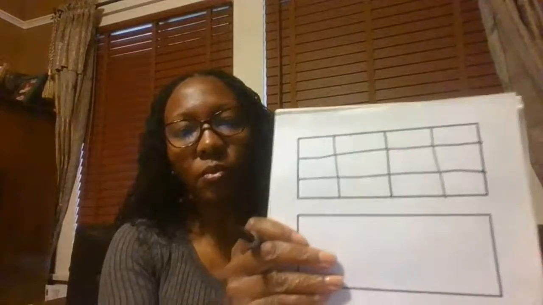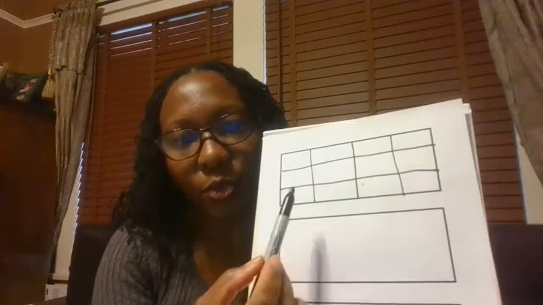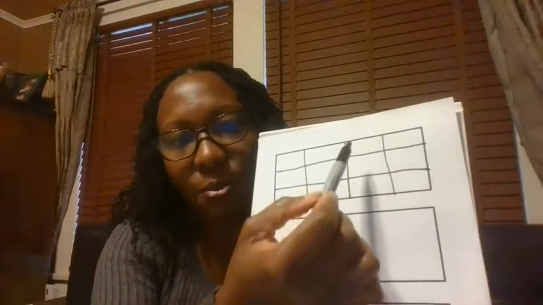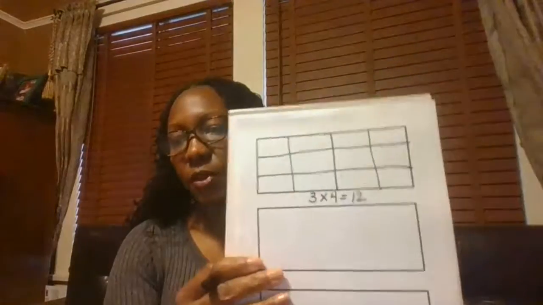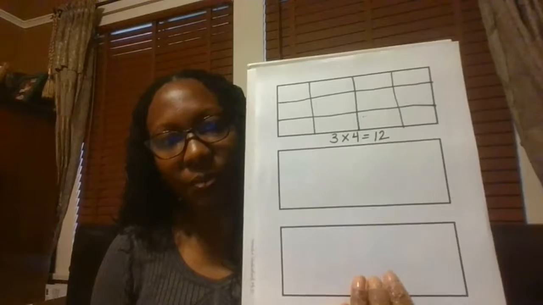So of course, I'll cut it into half. And then I'll partition each half again. Okay. 3 rows, 1, 2, 3, 4 columns. So we know that 3 times 4 will give us 12.